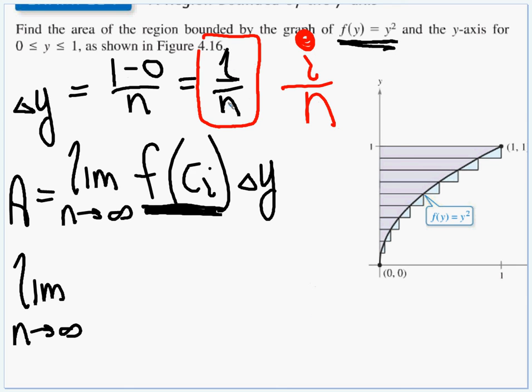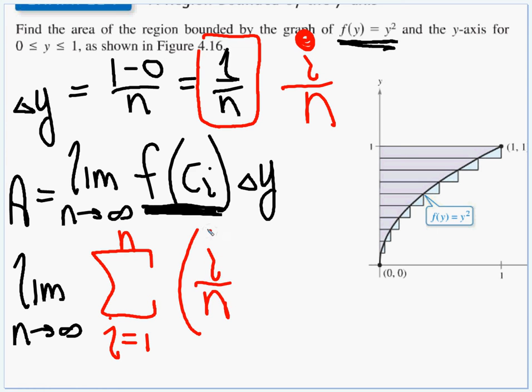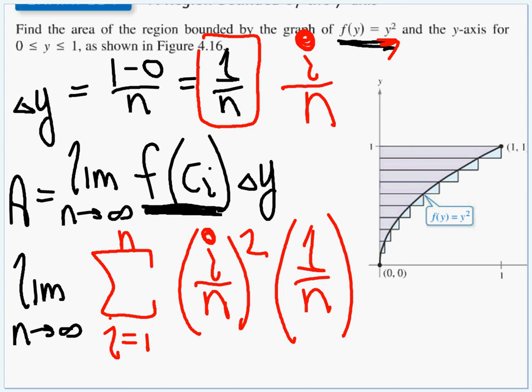So delta y is 1 over n. Our endpoint formula is i over n. And we're putting that into the squaring function. So we're going to do a summation from the first to the nth rectangle of i over n, quantity squared, because we're dealing with the squared function, times delta y. Delta y is 1 over n.